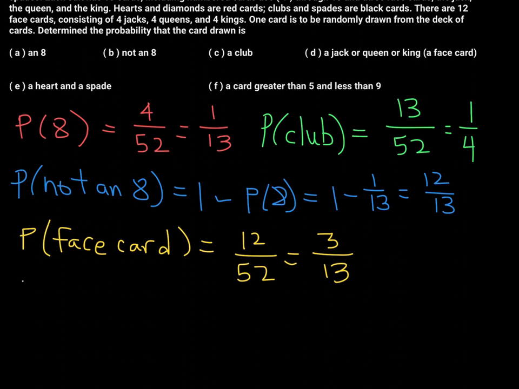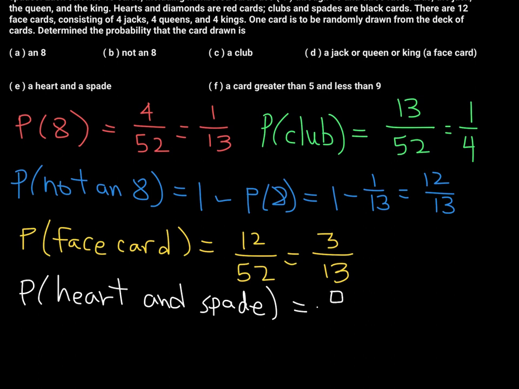So the probability of a heart and a spade is 0. There is no such card in the entire deck. So this is the probability of 0. In other words, this event can never occur.